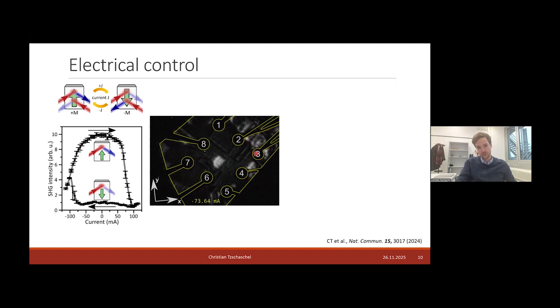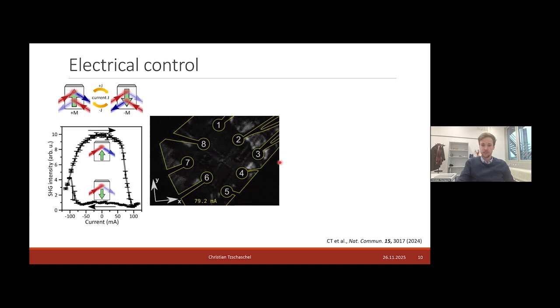So current passes in this direction, back and forth, and we change the magnetization along the Y direction. So the bright domains are the ones with magnetization pointing up. And in this case, the dark areas are all other domains, but we did verify by looking at the polarization dependence that the dark areas are predominantly magnetization down domains.